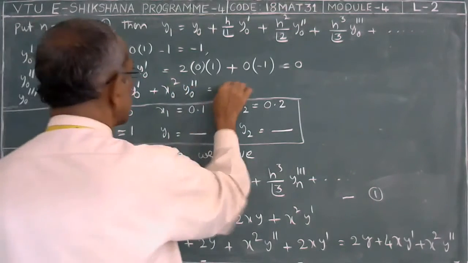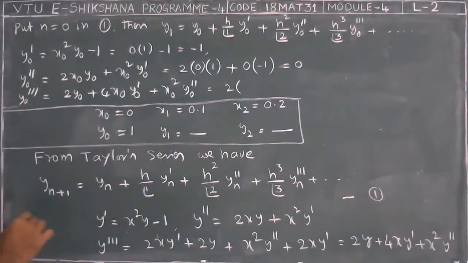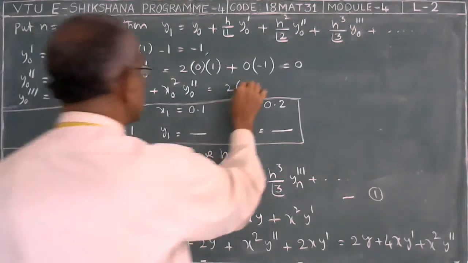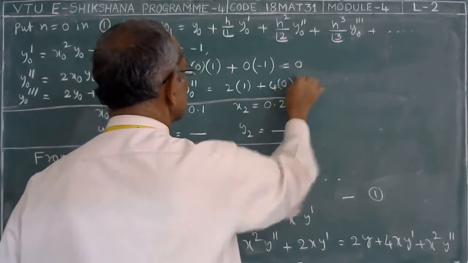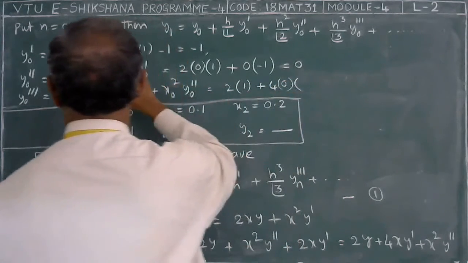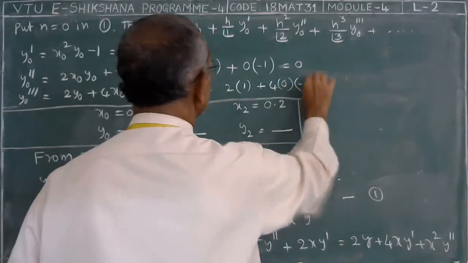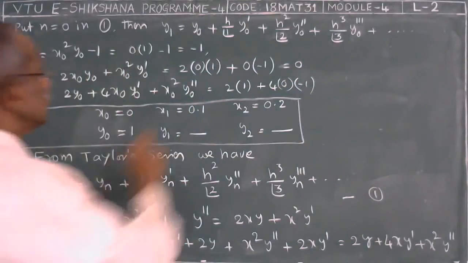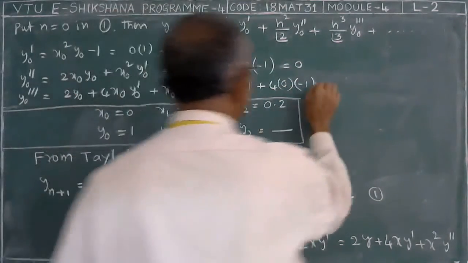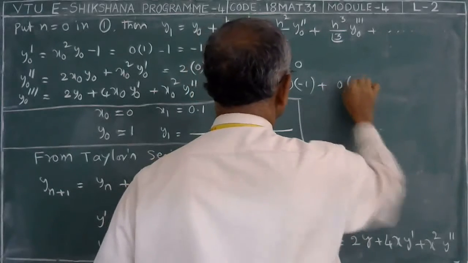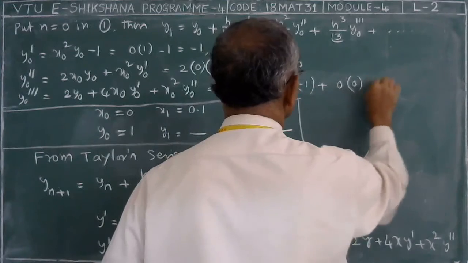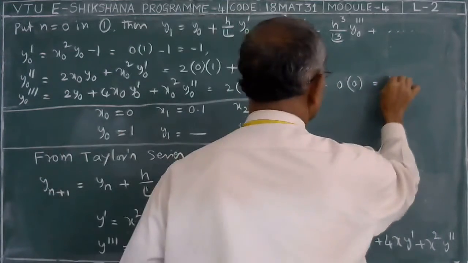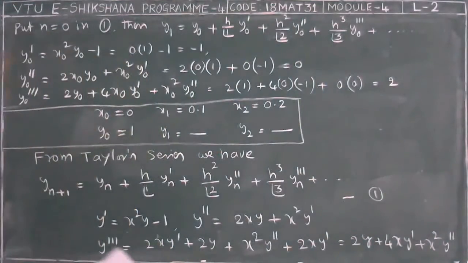So this is equal to 2 into y naught. Y naught is 1, so 2 into 1, plus 4 into 0, y naught dash is minus 1, anyway it is 0. Then plus x naught square, that is 0 square is 0. Y naught double dash is also 0. So this is going to be 2.